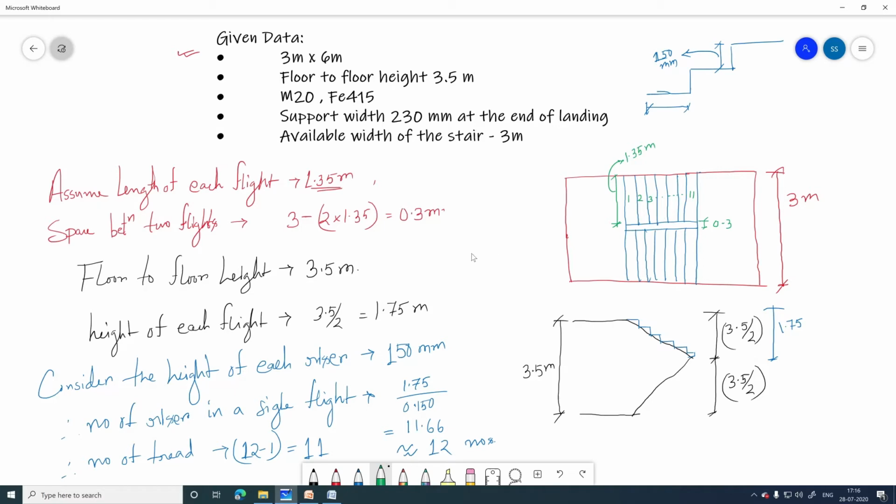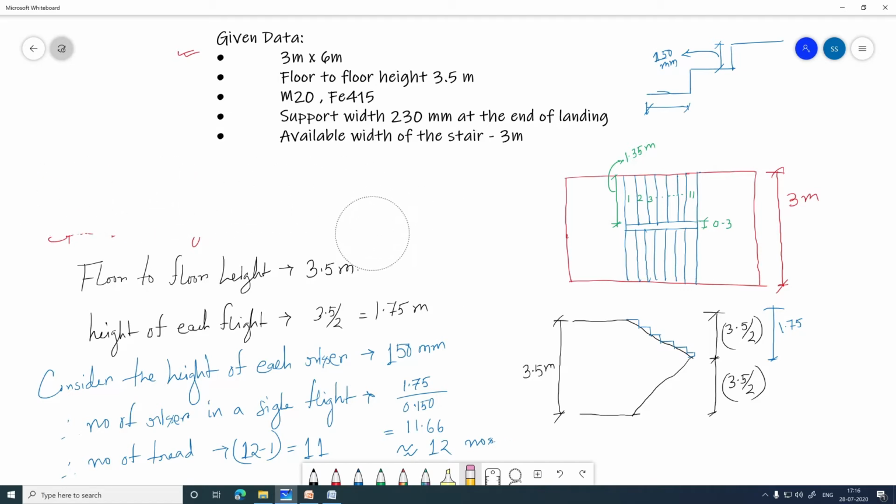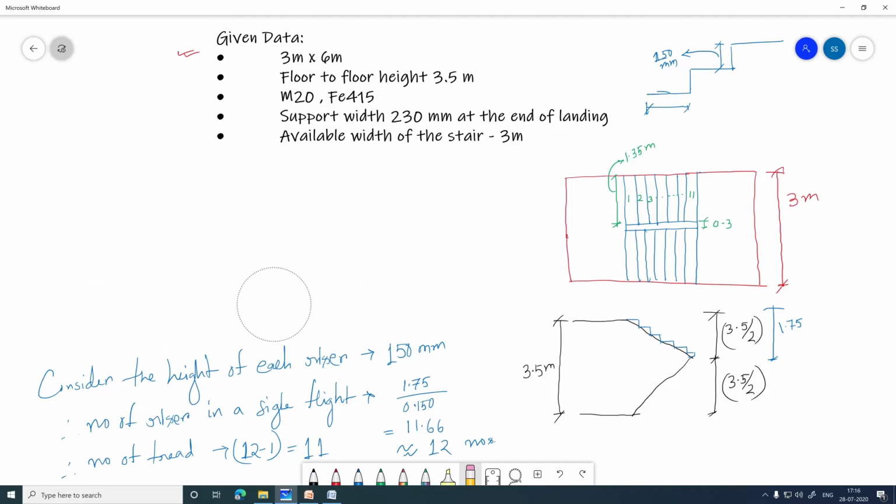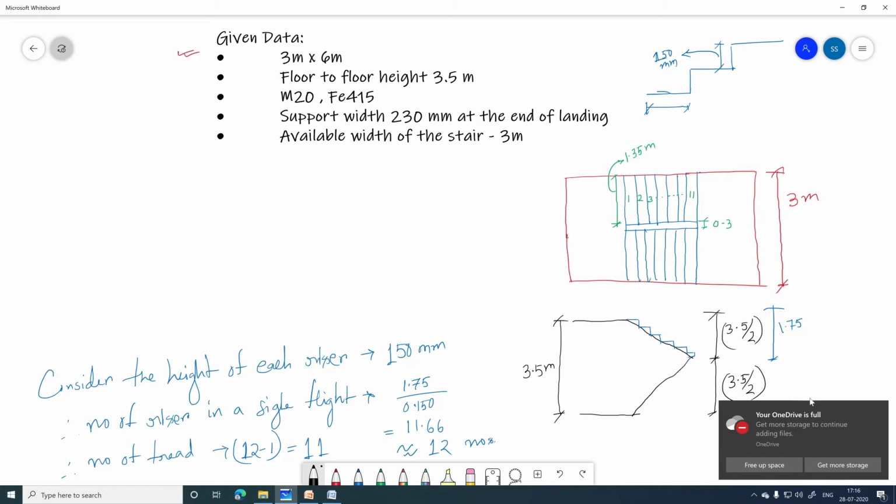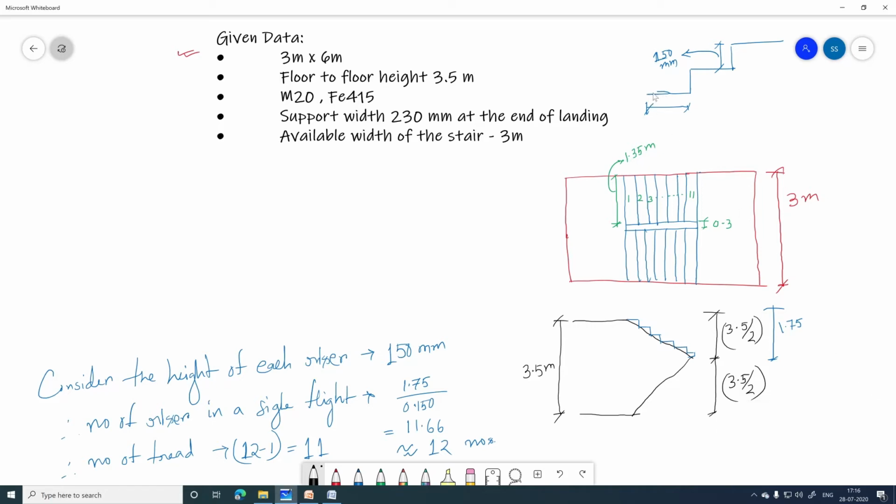Okay. Now I am removing this portion. Now we got the total number of treads is 11. So now we are considering the width of the single tread. This particular distance is 300 mm. Okay, that means if we consider a single tread, this one is same as this, so 300. So we got the total number of treads is 11.